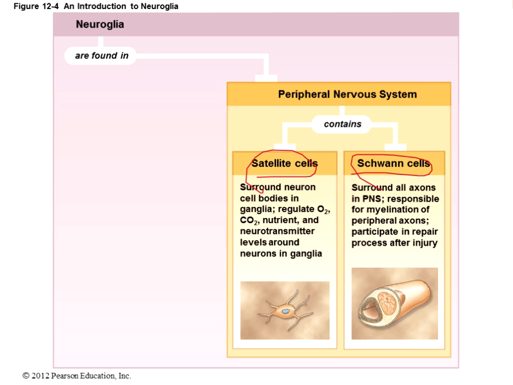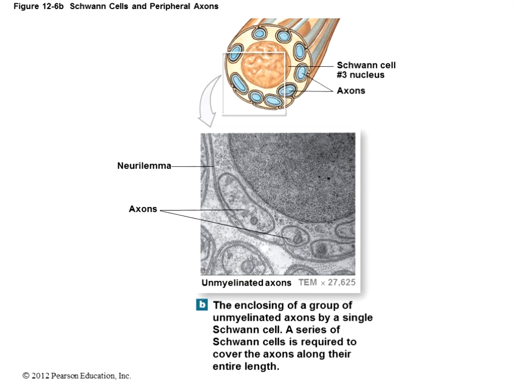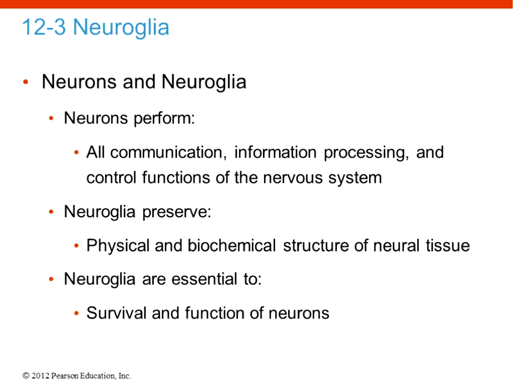So same concept as we saw with oligodendrocytes, except there is a different type of cell that produces myelination in peripheral axons, and that is known as Schwann cells. So there's 4 types of glial cells in the central nervous system, 2 in the peripheral nervous system, and the 2 in the peripheral nervous system are satellite cells and Schwann cells.